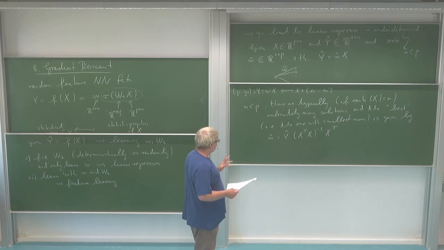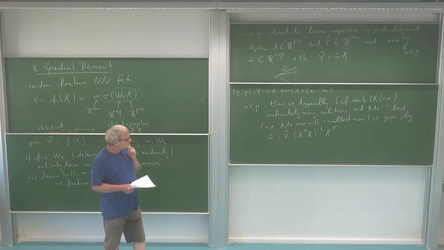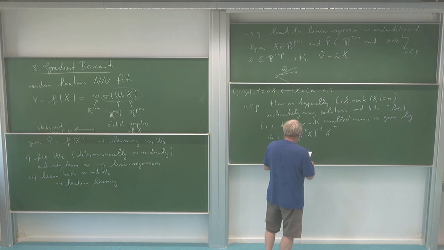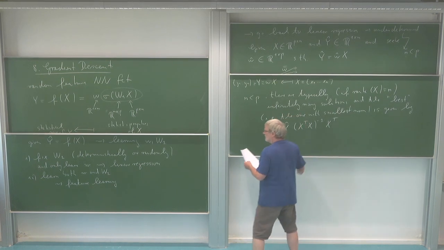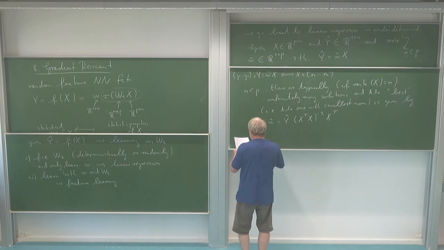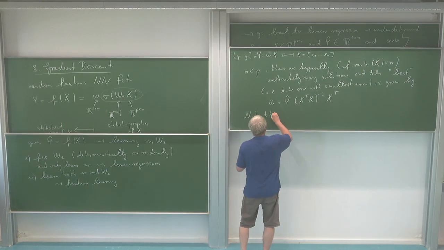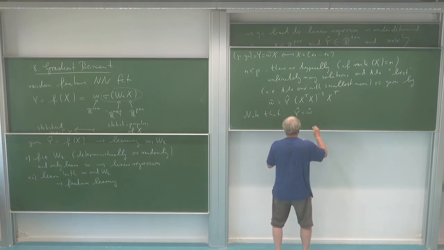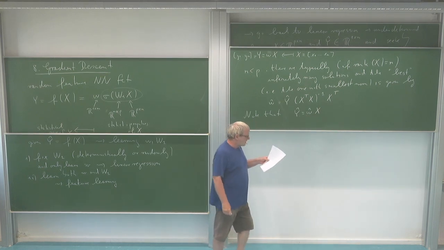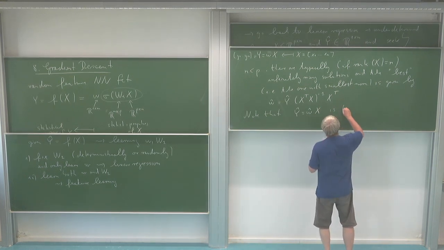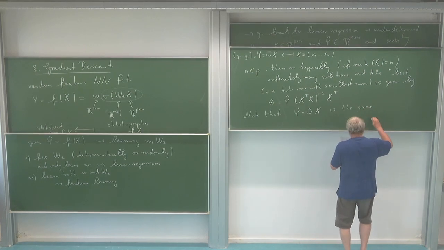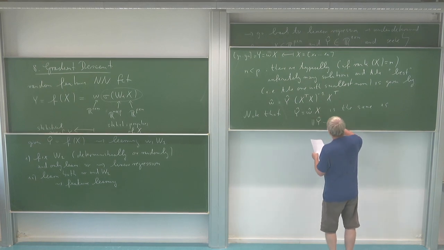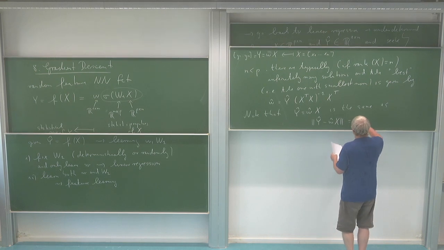But maybe let us also first note that we can rewrite this problem as an optimization problem. Our problem, which we want to solve, is that Y hat is equal to W hat times X. And we can also write this as saying that the norm of Y hat minus W hat times X is equal to 0.